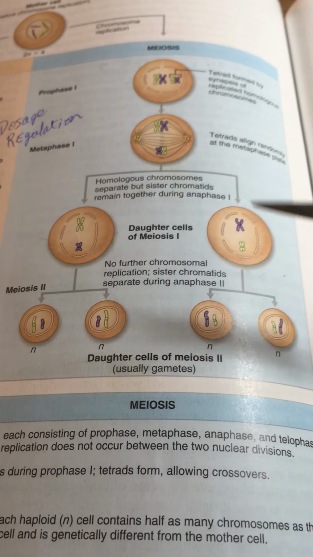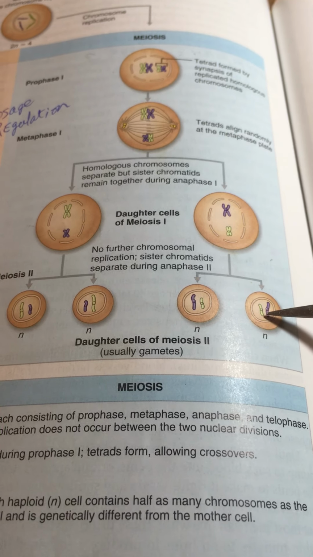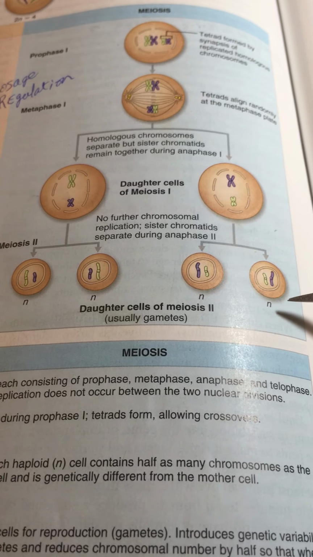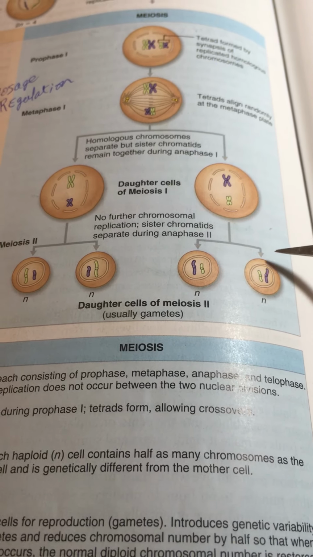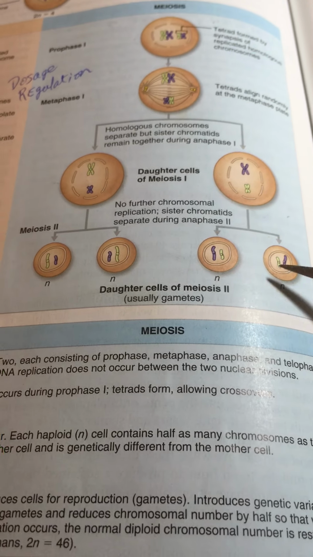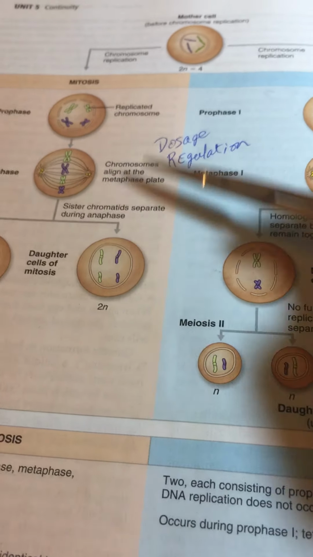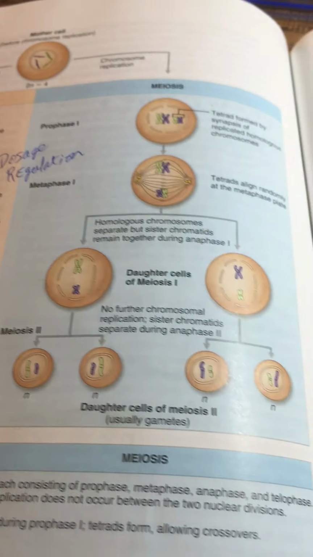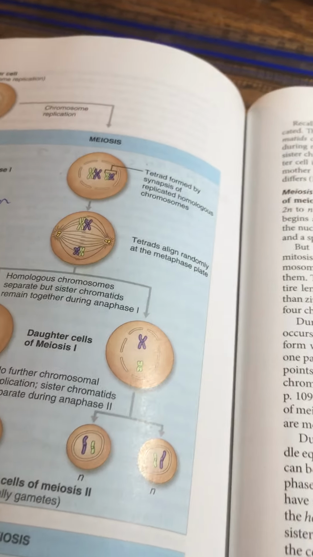Okay, so that's our goal here, is to create a gamete that has exactly one each of the types of chromosomes, whether it's a sex chromosome, X or Y, or any of the other autosomes. I like to call this dosage regulation for mitosis and dosage regulation for meiosis. So you can use whatever terminology you prefer.